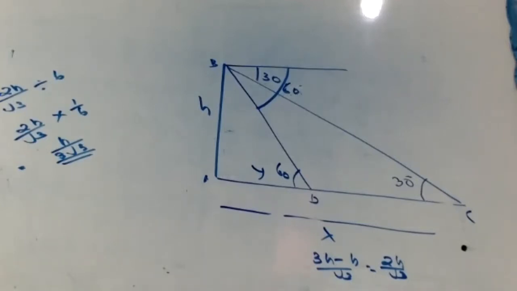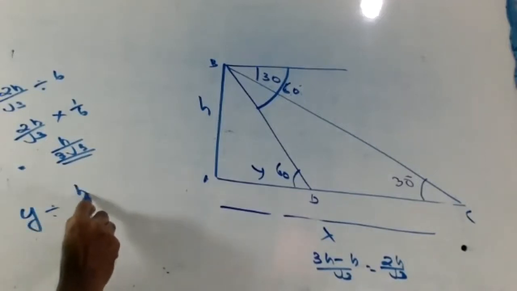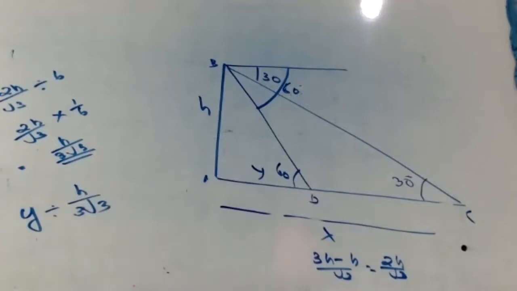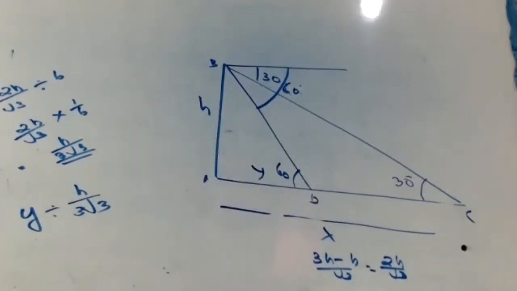Okay. Then last line. Time taken by the car from D to A. What is the distance? That is Y divided by H by 3 root 3. Correct or no? What is the Y?